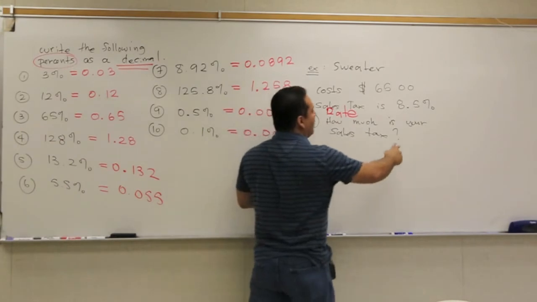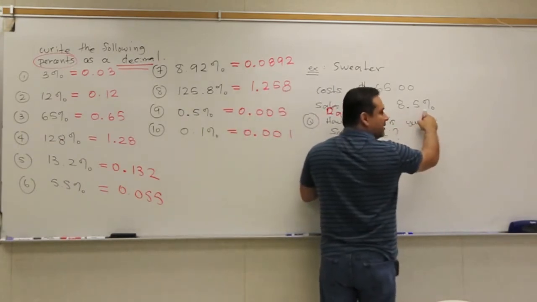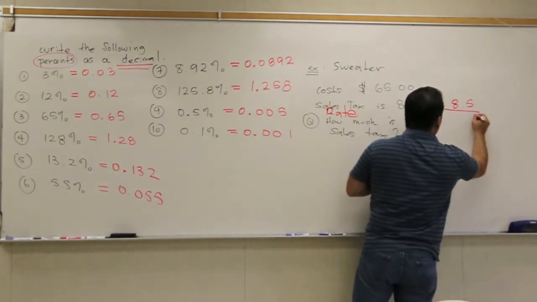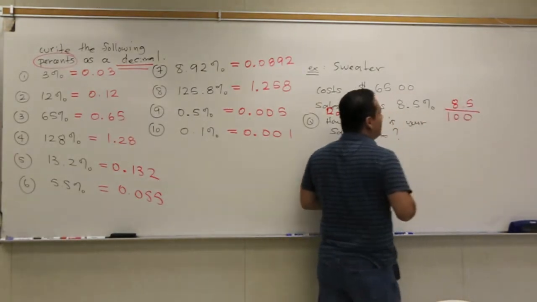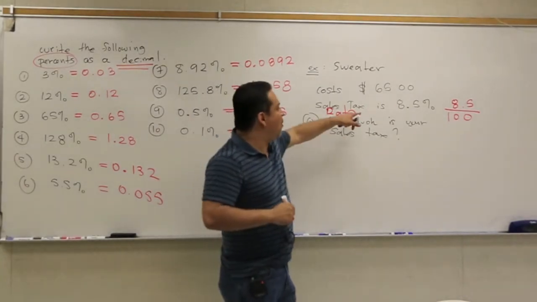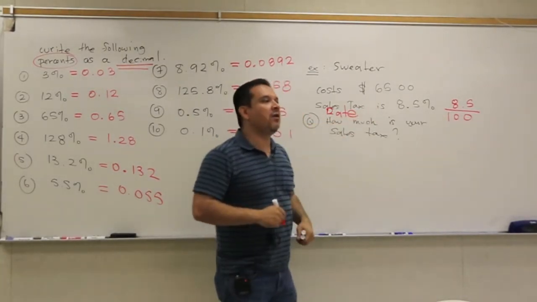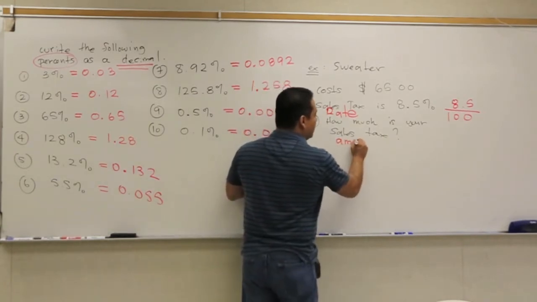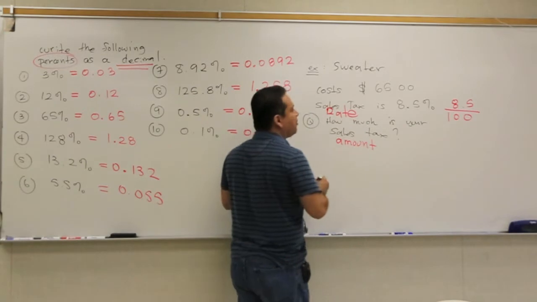It's a tax rate. 8.5%, isn't that 8.5 per 100? That's a rate. So if you know the sales tax rate, you can deduce the sales tax amount in money, in this case, dollars.